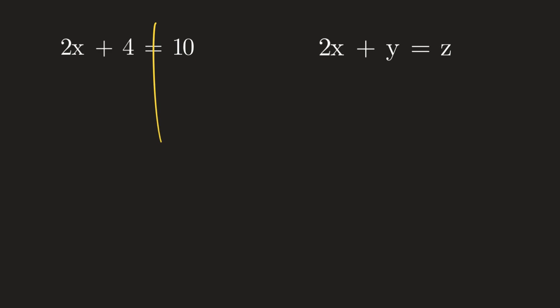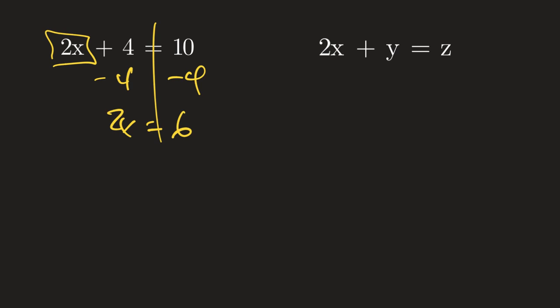You'd subtract 4, because we want to isolate the variable term. We're trying to solve for x. The x is involved with that 2, so let's get that 2x by itself. We undo addition with subtraction. Subtract 4 from both sides. 2x is now equal to 6.